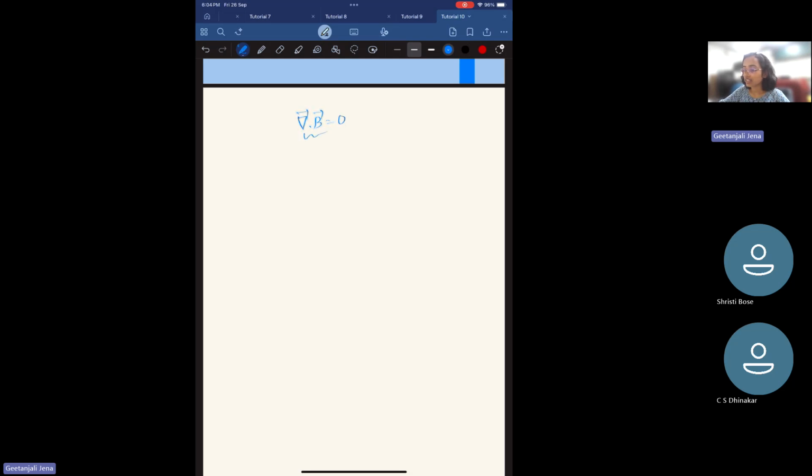We know that the divergence of a curl is always zero. It's a mathematical identity.